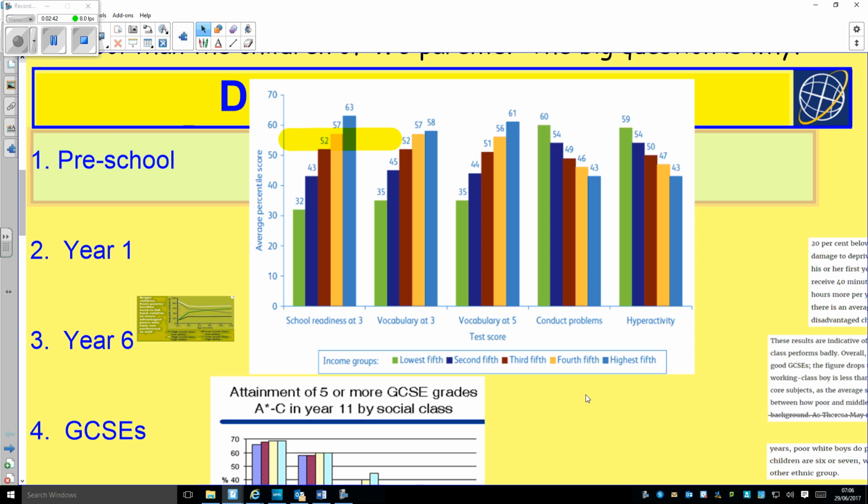Conduct problems, meaning who mucks about in class when they're 5. It's the working class kids, not the middle class kids. Hyperactivity, the working class kids, not the middle class kids. So on these measures, even at 3 and 5, the middle class kids are already pulling ahead.